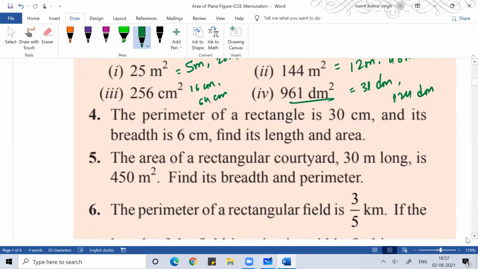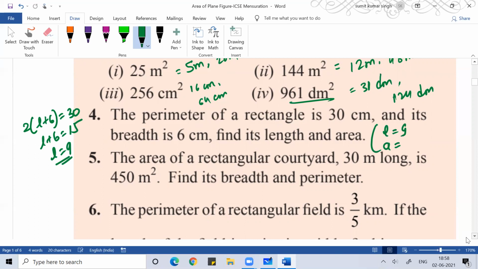Perimeter of a rectangle. Okay. So 9, yes, sir.